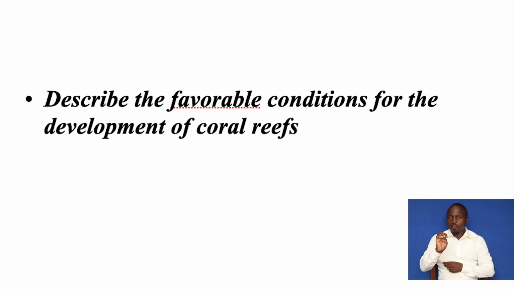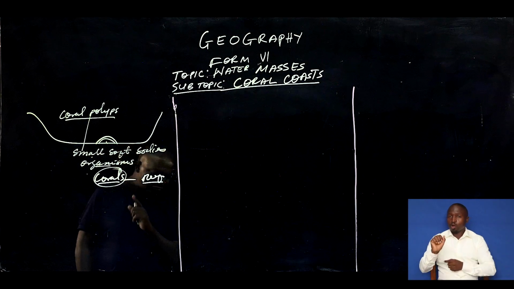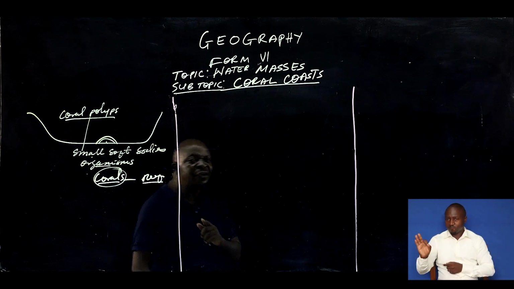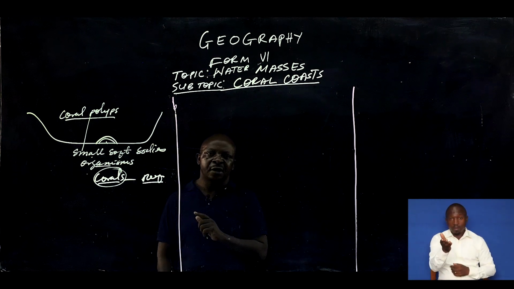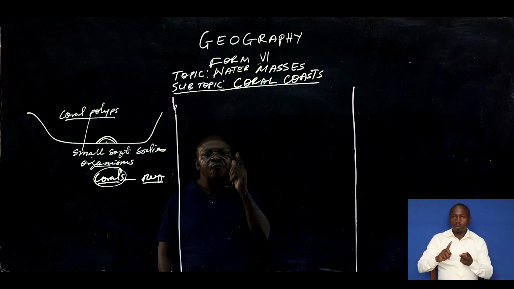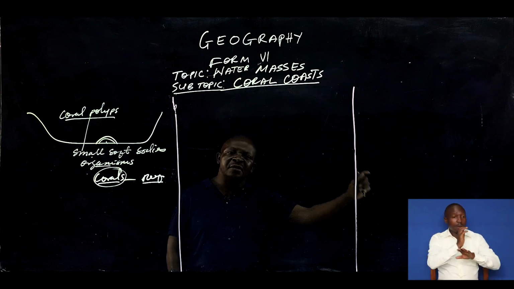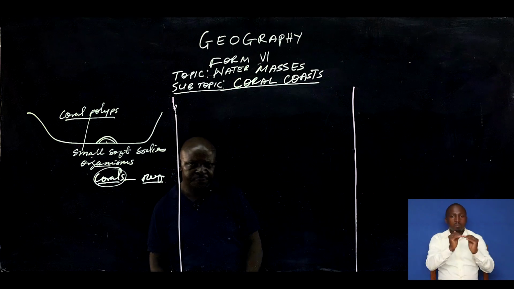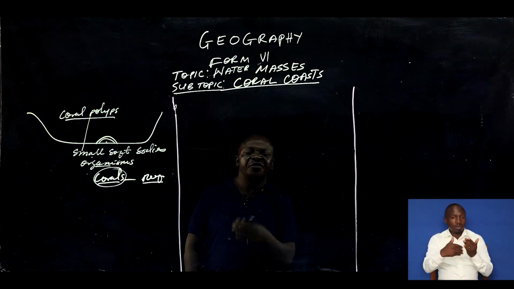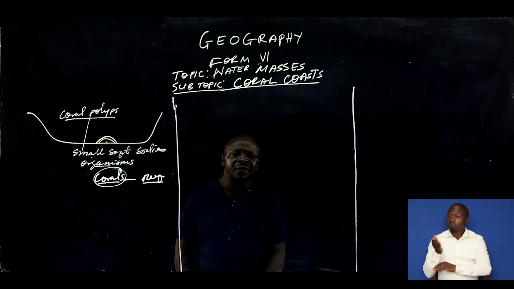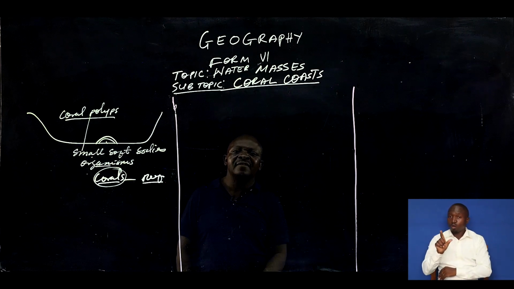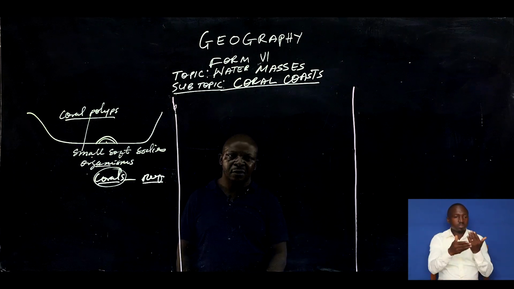But the question needs us to give the favorable conditions for the occurrence of coral reef. My dear students, I would like you to understand that the presence of coral reefs in oceanic environments is not even. Some oceanic areas have coral reefs, while others have none.